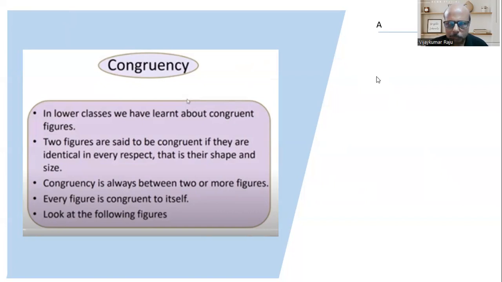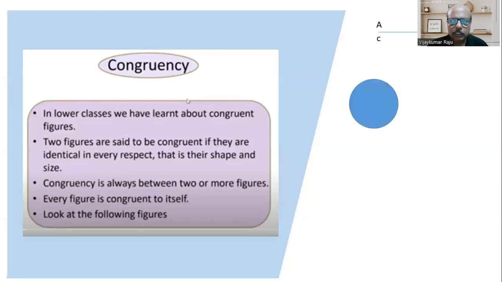Now if you see here, this is a line segment. Now suppose you have another line segment, exactly overlapping this first line segment AB, then we say these two are congruent.